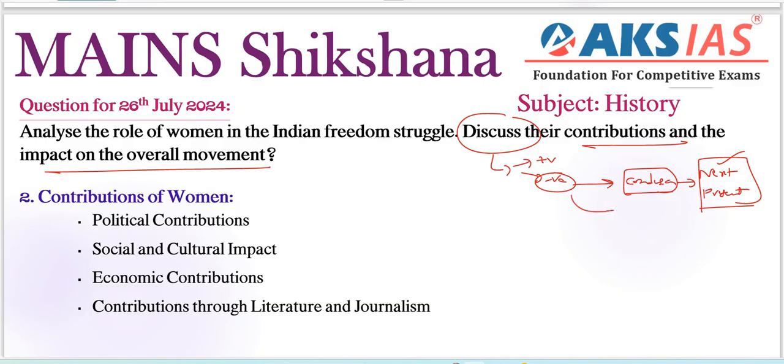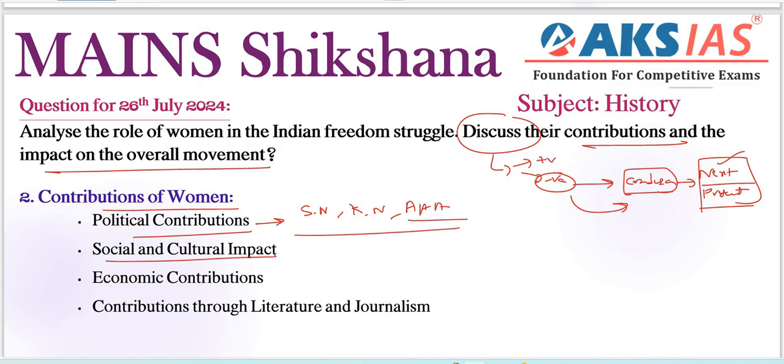But negatives also we can include by citing some next developments or present scenarios, right? So, contributions of women. Here, political contributions are there. In this category we have Sarojini Naidu, Kamala Nehru, and Aruna Asaf Ali. They mobilized masses, led protests, and faced imprisonment also.